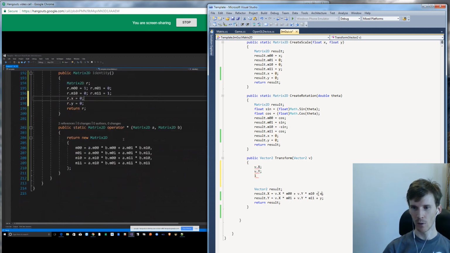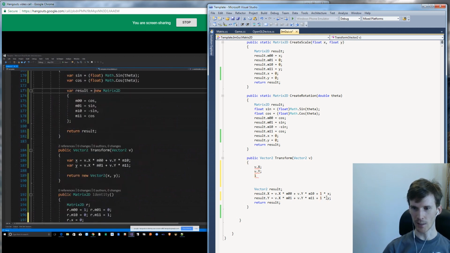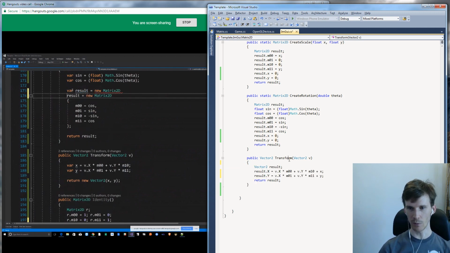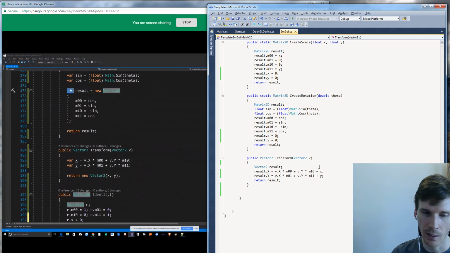So we know we have 1 times the translation there and 1 times the translation there, and we know that it's just like 1. So for the transform, we can actually just get rid of it entirely. It's very straightforward.